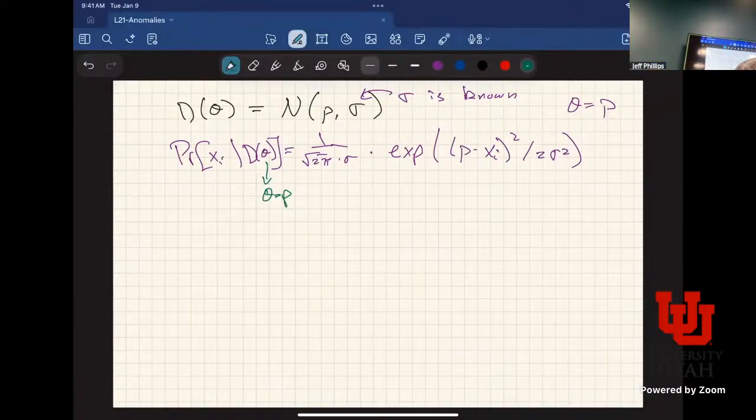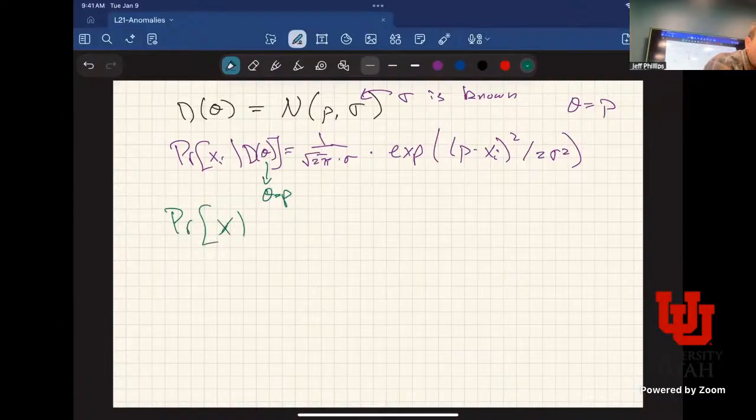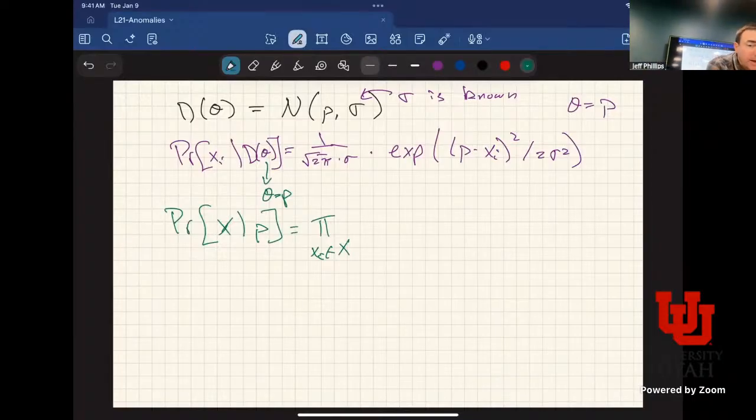And so then I can write down that the probability of x, the full data set, and I'll just write p here, is going to be the product over x_i, because the x are again independent, of the probability of x_i given p.